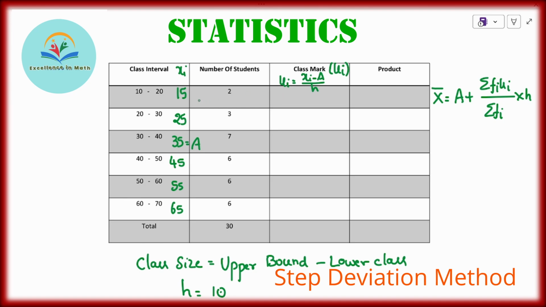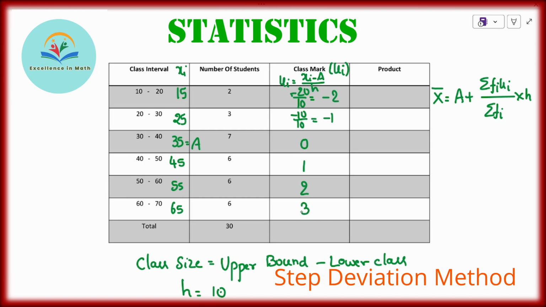Now, let's try to calculate ui. For the first observation, ui is equal to minus 20 by 10, that is equal to minus 2. So let's continue the same thing. Minus 10 divided by 10, that is equal to minus 1. If we continue the same, xi minus a divided by h, we will get 0, 1, 2 and 3.